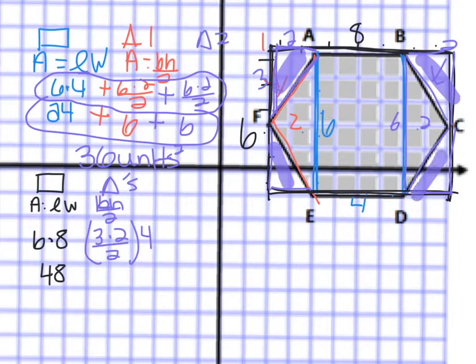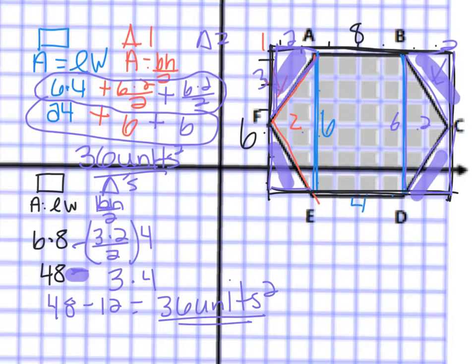We're taking them away because they're not part of the shape that we want. So I'm going to subtract 3 times 2 is 6 divided by 2 is 3 times 4 because there's 4 of them. So 48 minus 12 equals 36 units squared.